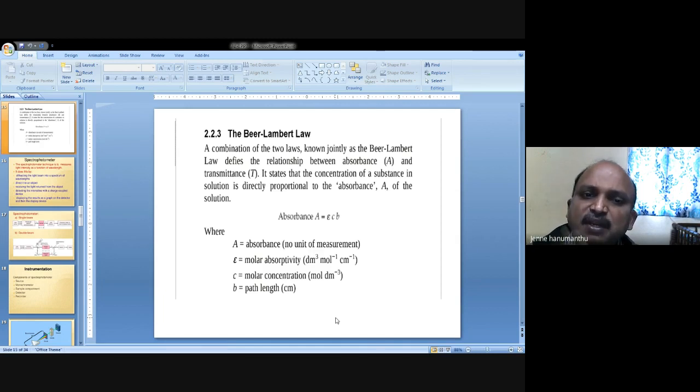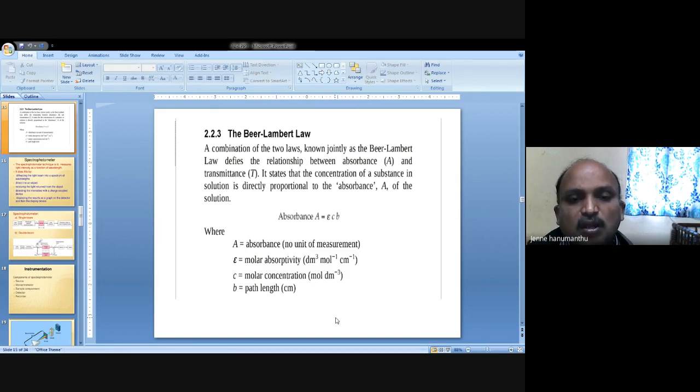Transmittance is the transmitted light coming out of the container. It states that the concentration of the substance in a solution is directly proportional to absorbance A. So A equals epsilon c b.